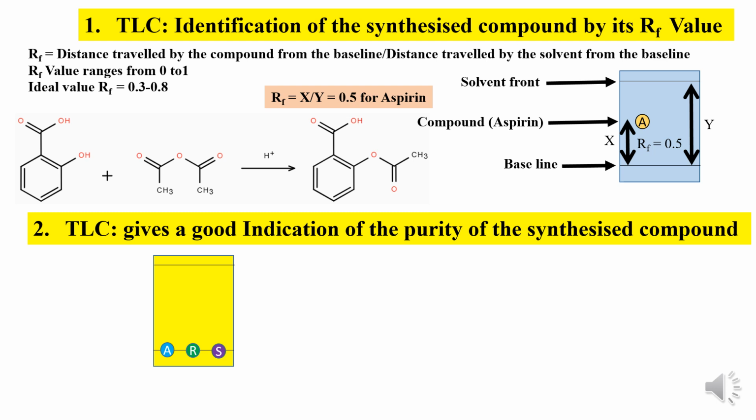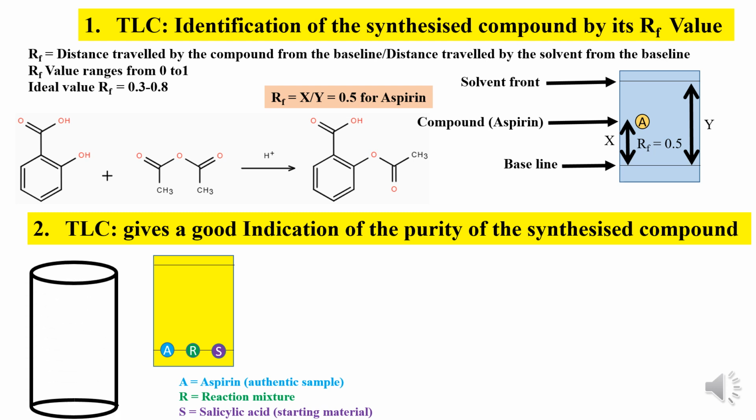Now in this particular chemical reaction involving synthesis of aspirin from salicylic acid, we have placed the TLC plate in the saturated TLC chamber, and the mobile phase moves through the stationary phase by capillary action, and the components get separated depending on their relative affinity towards the stationary phase.